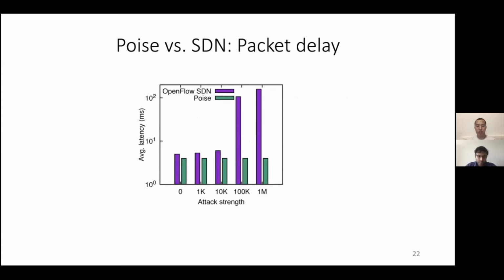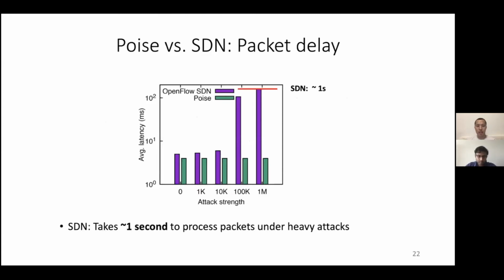The first experiment we did is that we measure the per packet processing delay under different attack strengths. As we can see, when the attack strength is high, the SDN control plane is overwhelmed and it takes more than a second to process every single packet. This is because the control plane is busy processing all the context updates. Context updates go to the control plane, which is software, and software always has performance problems.